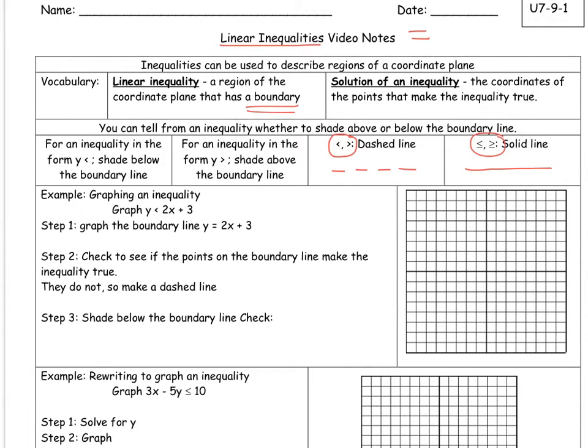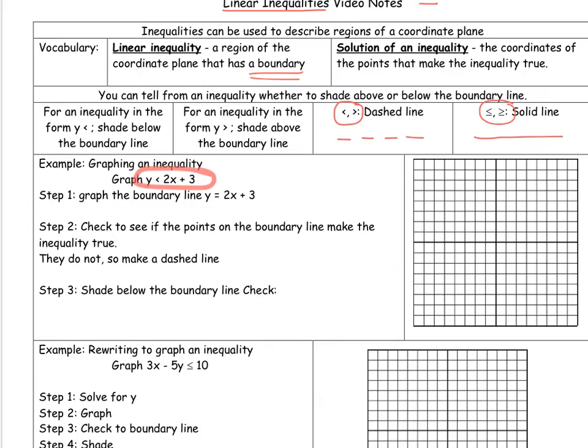And the solution to the inequality is the coordinates of the points that make the inequality true. So let's get started by graphing this inequality right here, which is y is less than 2x plus 3. We're going to graph that just like we would graph a linear equation.